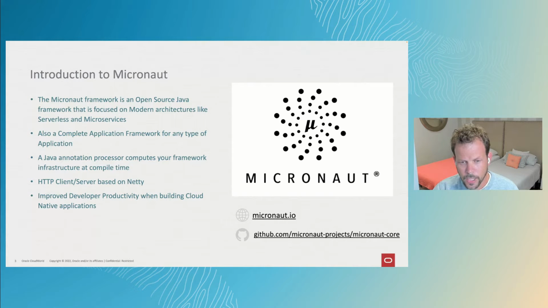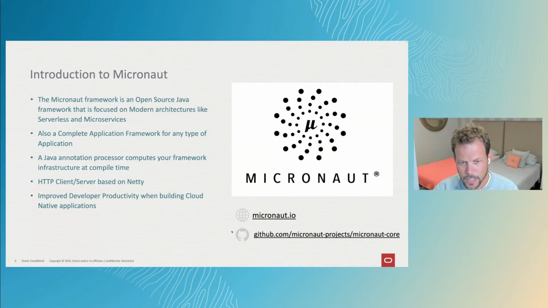Micronaut works slightly differently to other frameworks out there on the market in that it works through the use of annotation processors, which essentially allows it to plug into the Java compiler and do a lot more work during the compilation phase of your application, thus eliminating the need for a lot of the traditionally dynamic features in Java.